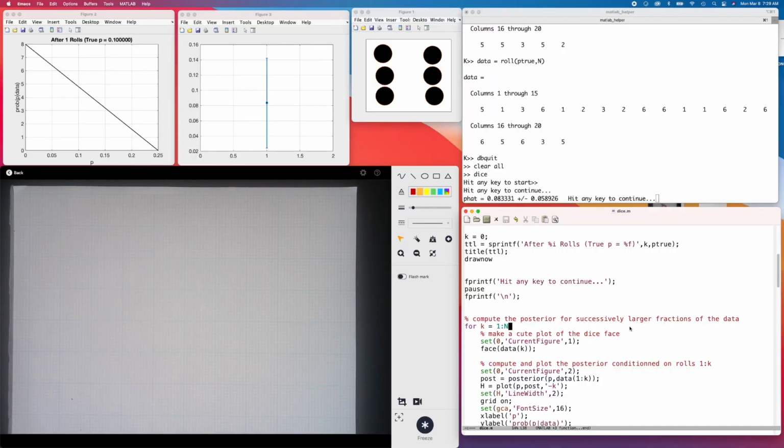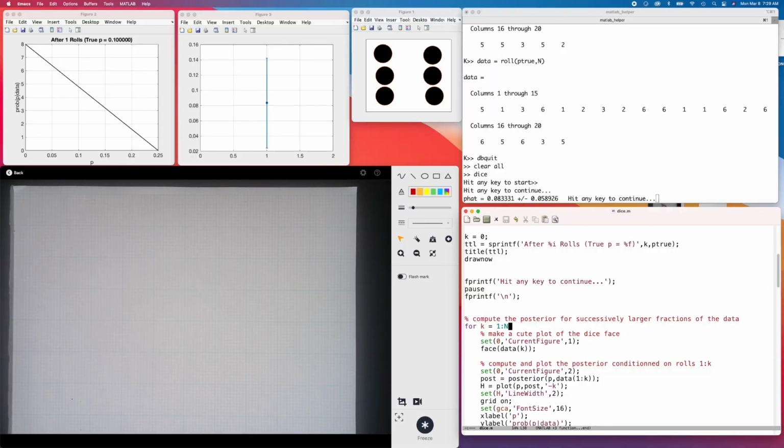It wouldn't be very difficult to modify the code so that, once we've already computed the posterior for samples 1 through k, we do samples 1 through k plus 1 by using the posterior when we had k samples as the prior for when we have k plus 1 samples. That wouldn't be very difficult, but it's not the way the code works now. We can maybe modify it later.